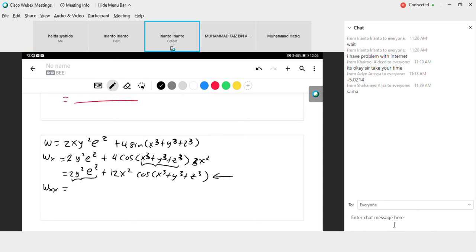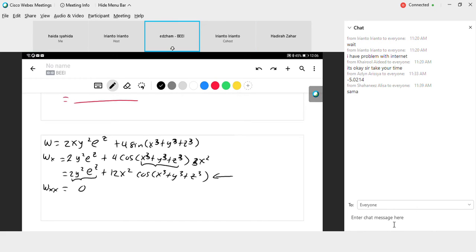Focus on this one. Zero, because there's no x in here. Everything is considered constant, so the derivative of a constant is 0. Understand?